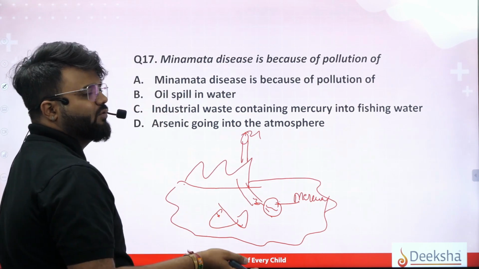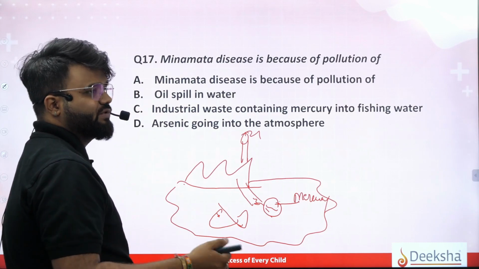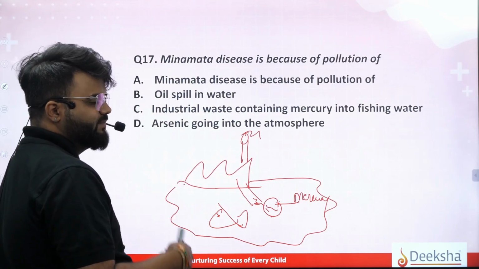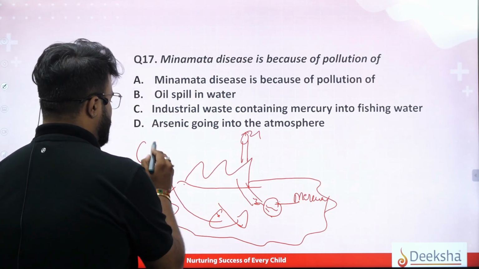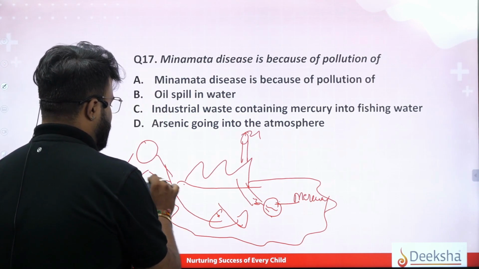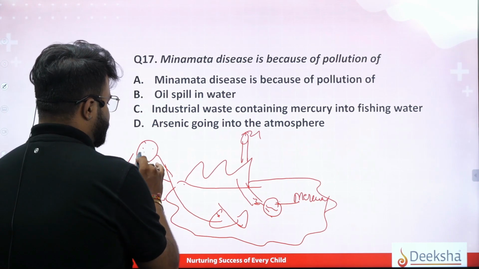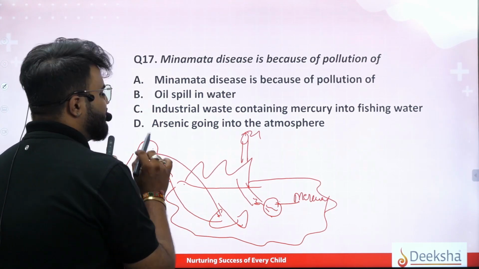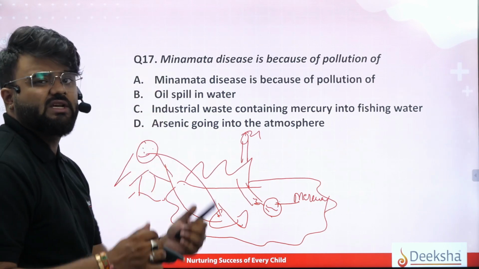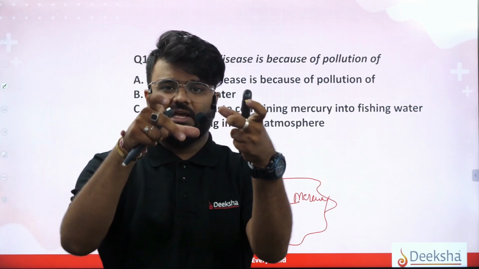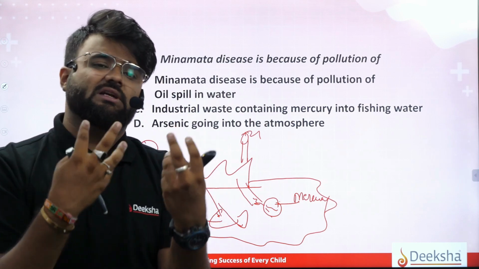It is in the water, so obviously the fish will contain this waste material, that is mercury. This fish is eaten by humans. When they eat it, we find the deadly Minamata disease, where their hands become deformed like this. It is a deadly disease.